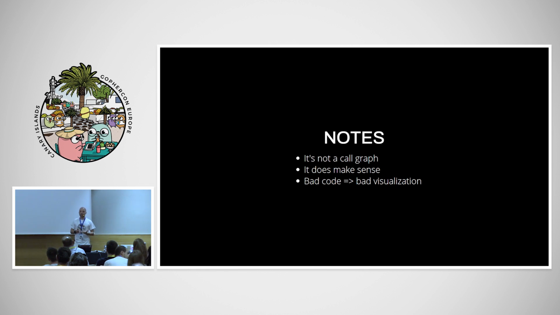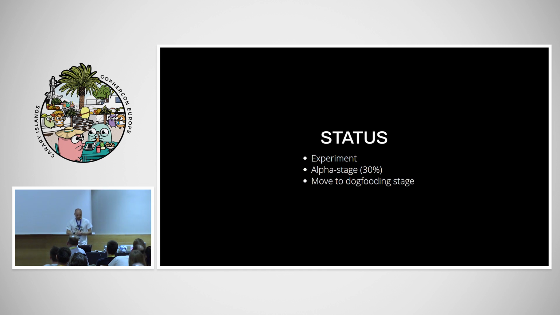But when code is crappy, when code is complicated, I want it to look terrible. And I think it works so far. So what I'm trying to do also is to move to a dogfooding stage. This tool is written in Go, so I can actually use this tool to change itself, right? I think that's boosting productivity in development.